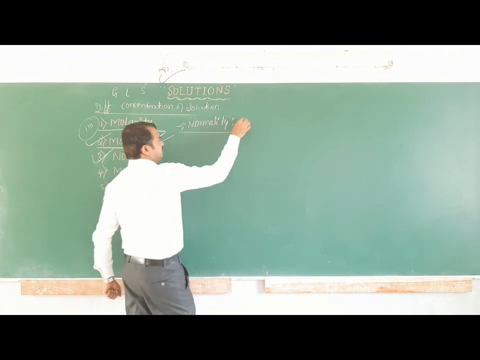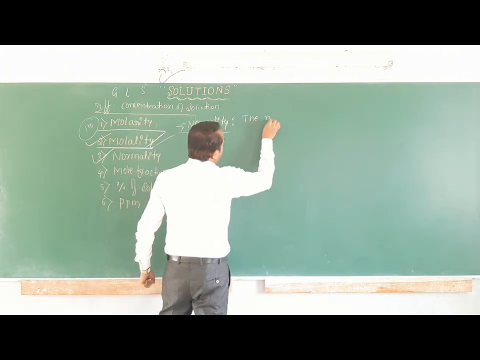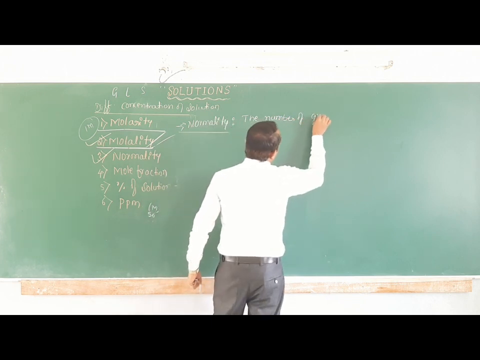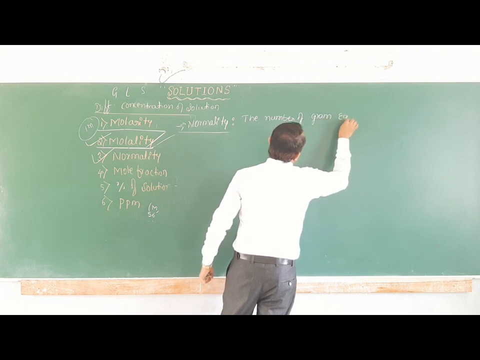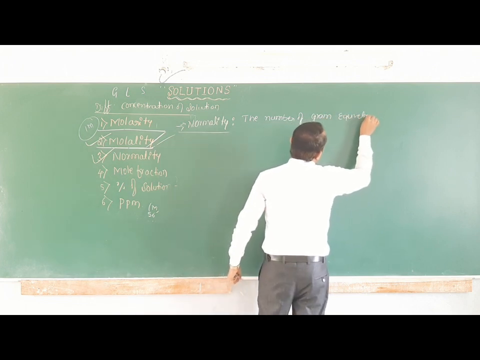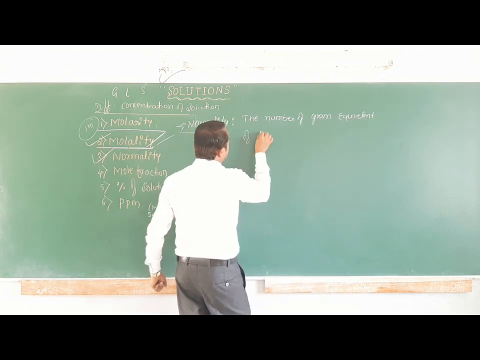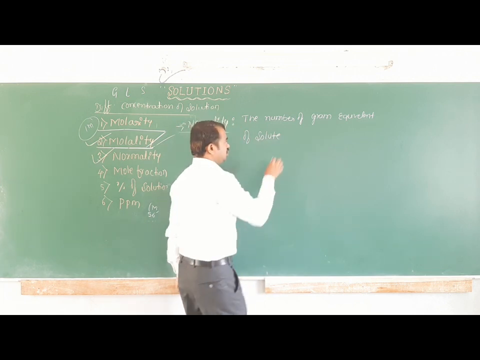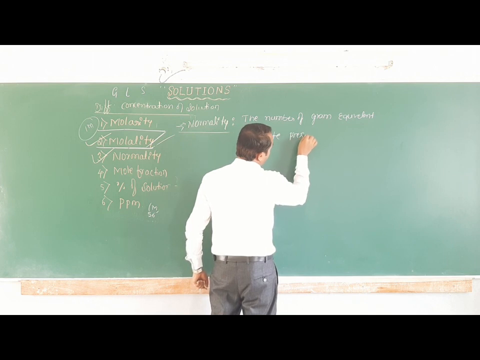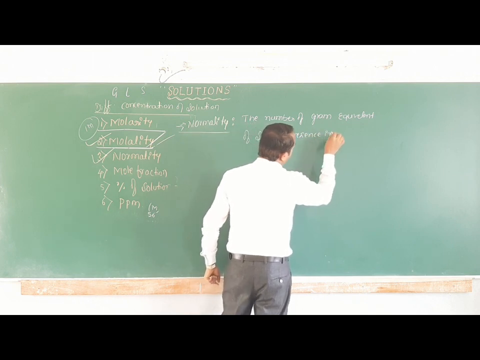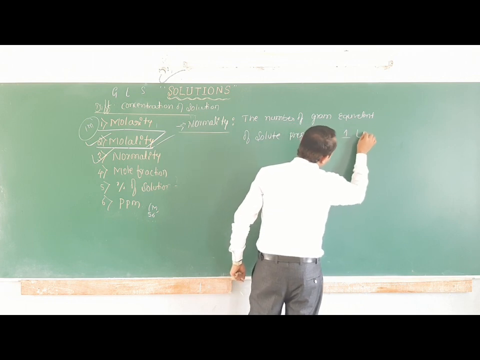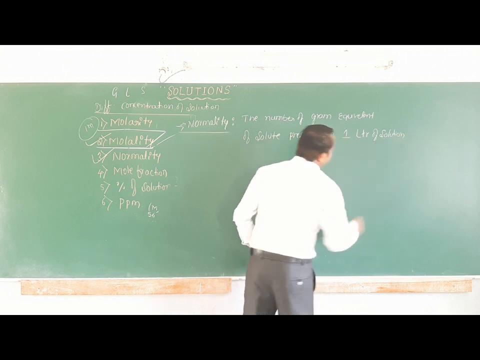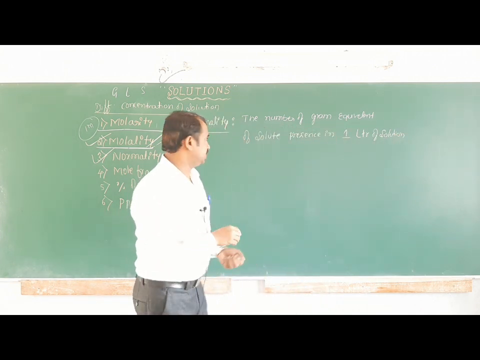Normality is defined as the number of gram equivalents of solute present in 1 liter of the solution, and it is called normality.